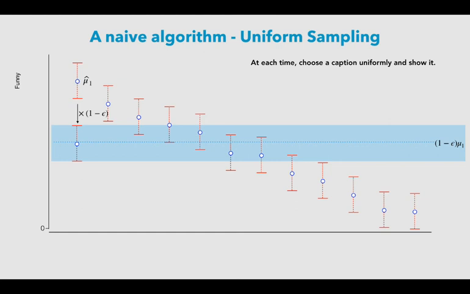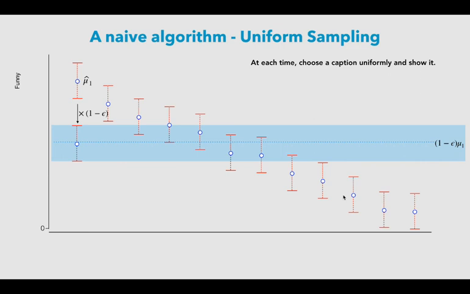This allows us to conclude that any arm whose lower confidence bound is above this blue region must be epsilon good. And similarly, any arm whose confidence bound is below this blue region cannot be epsilon good. And so it gives us a statistical tool for deciding whether things are epsilon good or not.